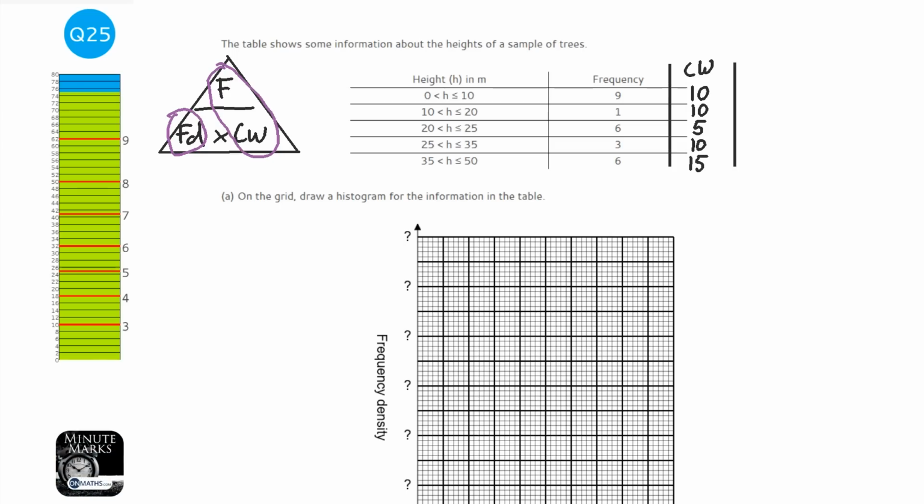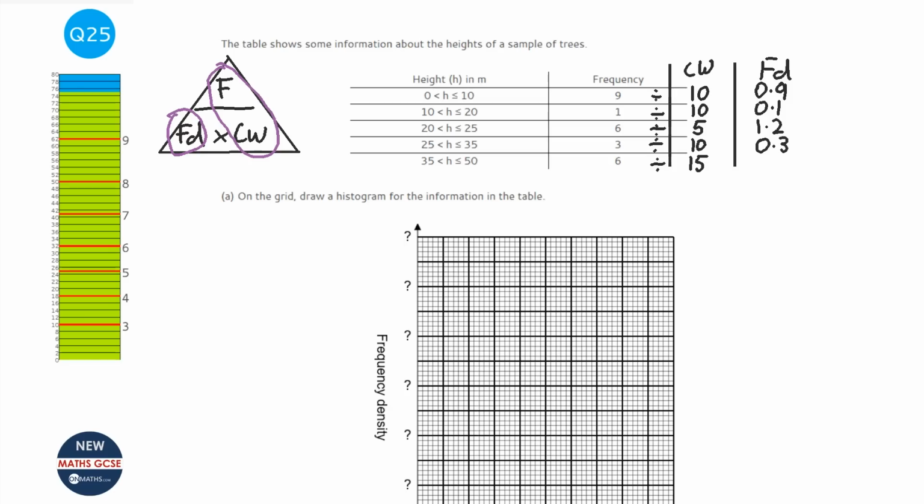So when I've got the class width, I can work out the frequency density. And the frequency density is the frequency, according to the triangle, divided by the class width. I want to divide these. Okay, so we've got 9 divided by 10, which will be 0.9. 1 divided by 10, which is 0.1. 6 divided by 5, well, that's 1.2. 3 divided by 10, which is 0.3.